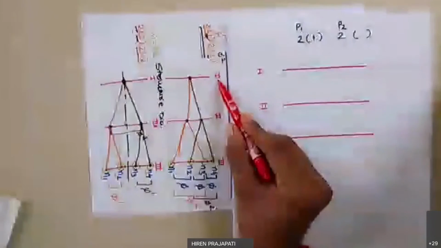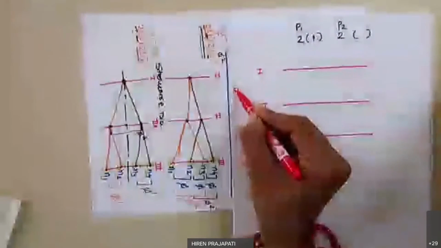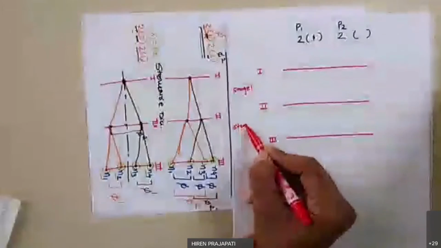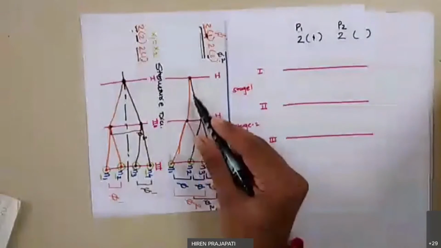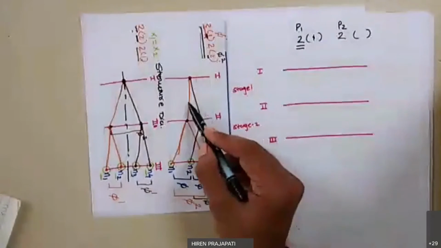Now, stage 1 is the stage between shaft 1 and shaft 2. That is called stage 1. So let me write here, this is our stage 1 and this is stage 2. Now, how many speeds do we get in stage 1? 2 speeds, which are indicated by 2 different colored lines here. So we want 2 speeds, right?